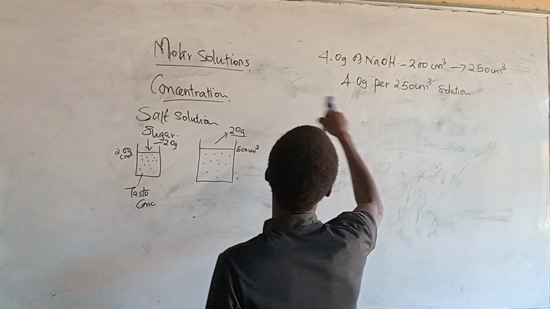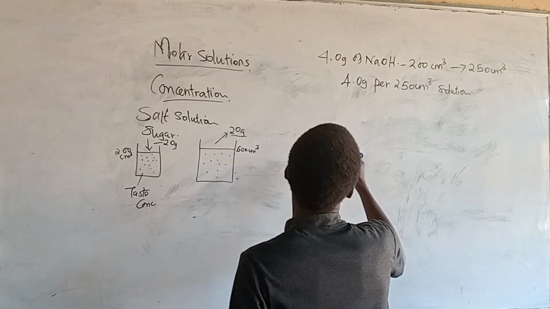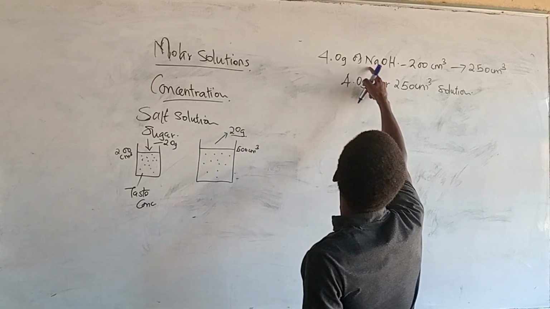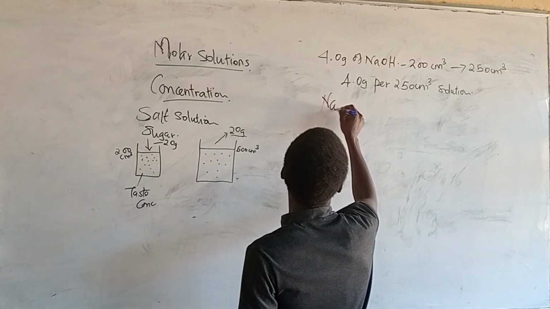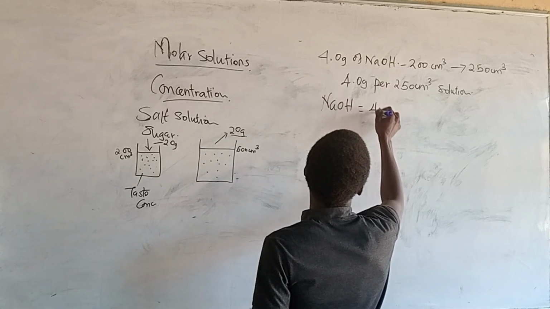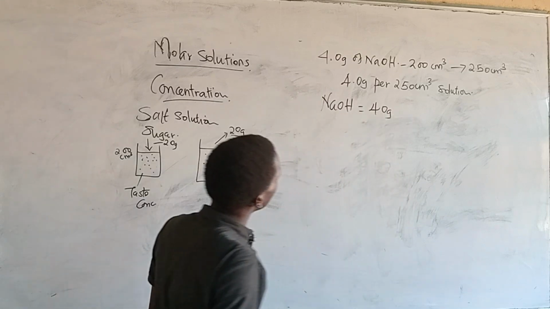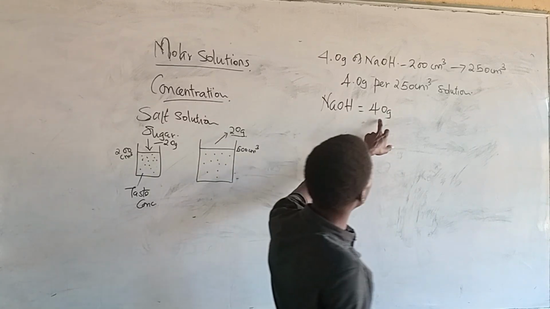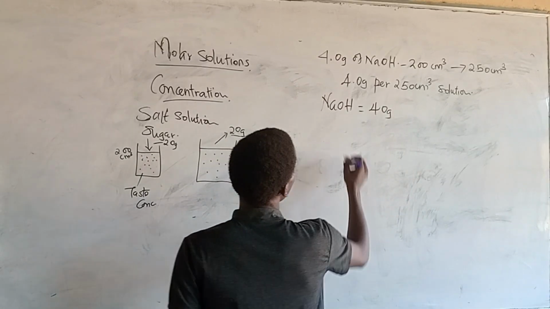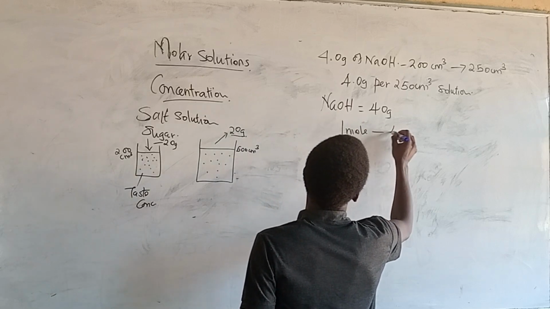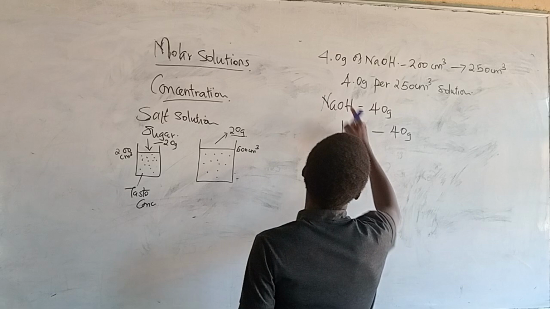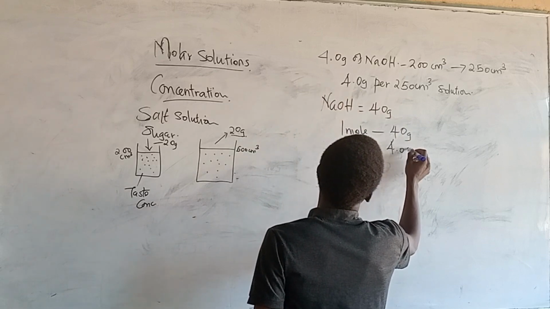Now, I want to give this in terms of moles. I know the molar mass of sodium hydroxide is equal to 40 grams, and the molar mass is the mass that is equivalent to 1 mole. So 1 mole is equal to 40 grams. What about 4.0 grams?